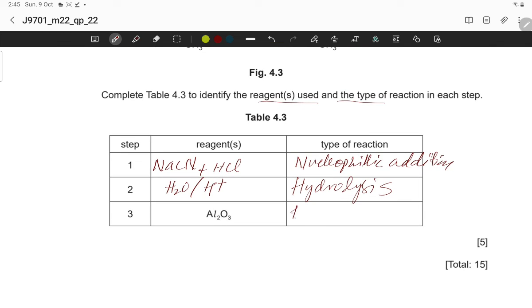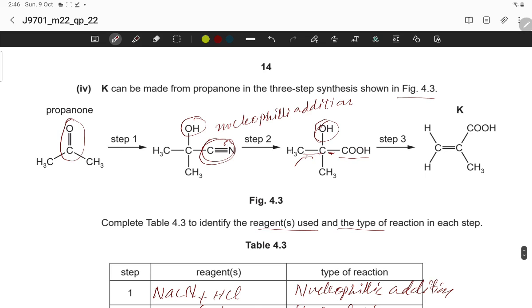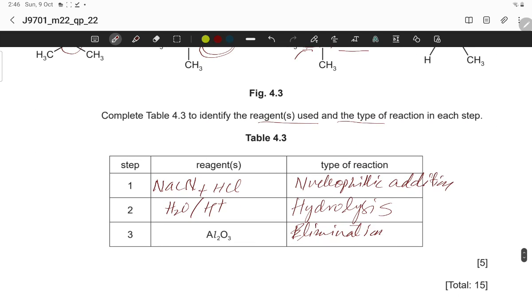So this is elimination or dehydration. Water is removed, taking this H and this OH. Elimination or dehydration.